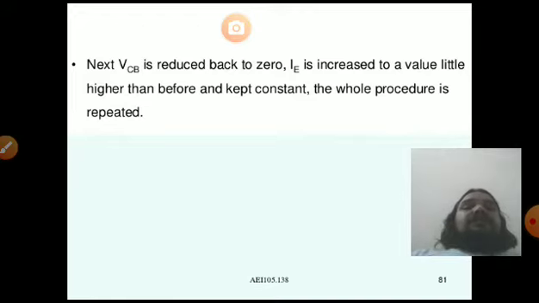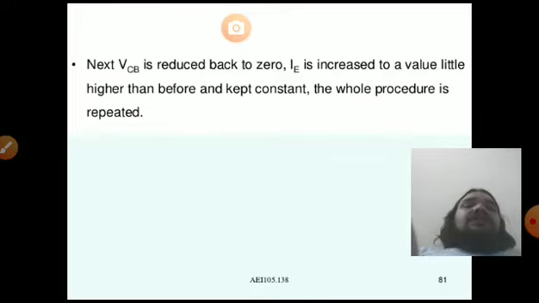Next, VCB is reduced back to 0, and IE is increased to a value a little higher than before and kept constant.